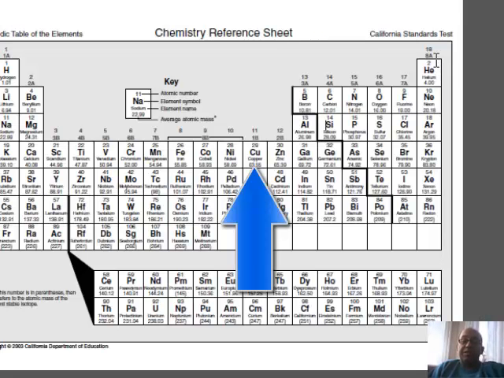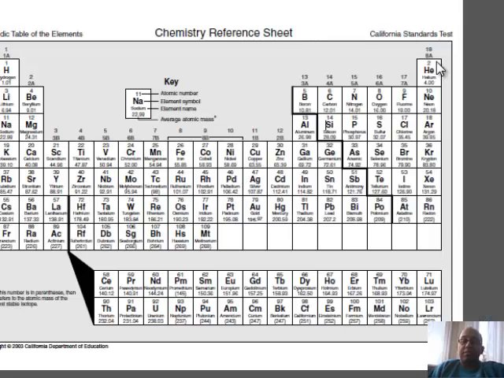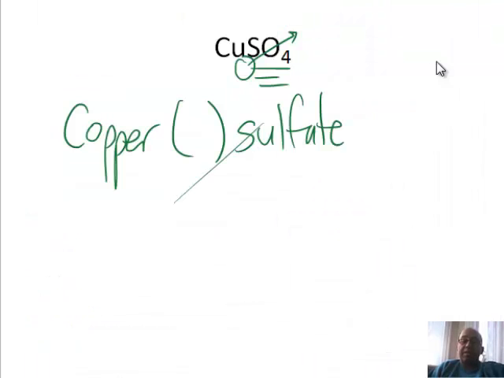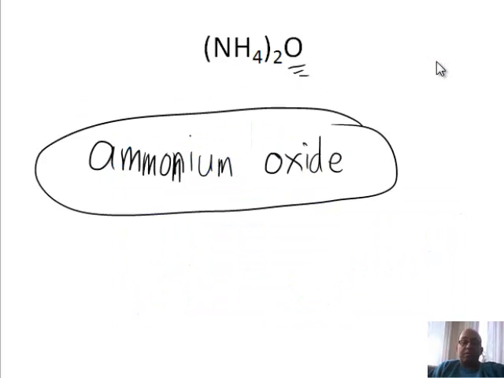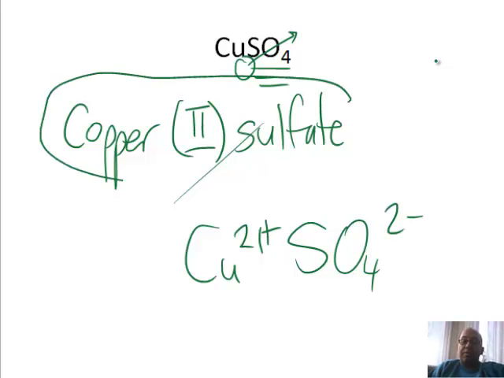Well, you see it's in this transition area, so you have to write Roman numerals. So we take that number, which is a 1, put it up there, and ask ourselves, is SO4 1-? When we look at SO4, no, it's not. It's 2-. So if SO4 is 2-, to balance out the charge, copper has to be 2+. So I'm going to put a 2 right there. So there's the answer, copper 2 sulfate.